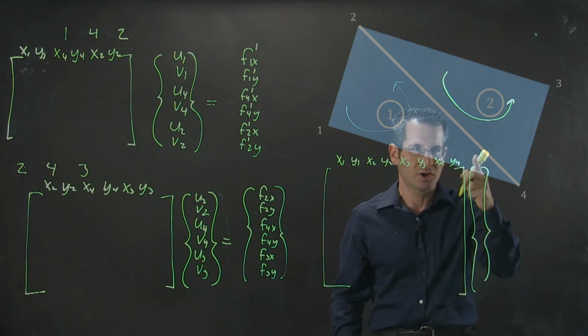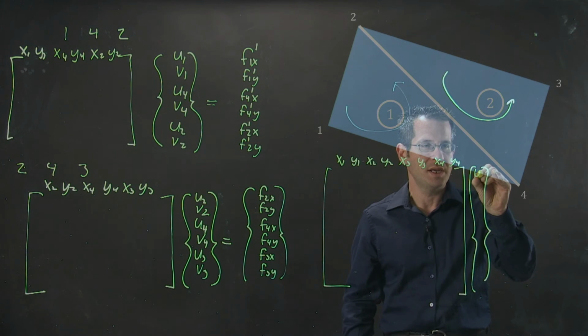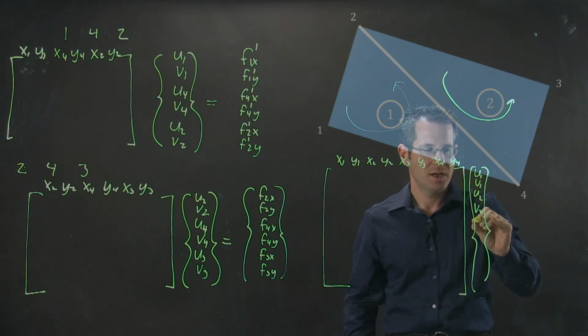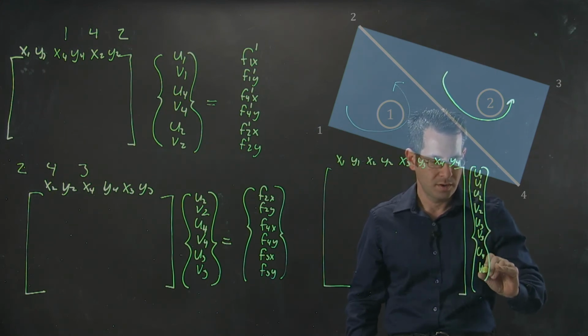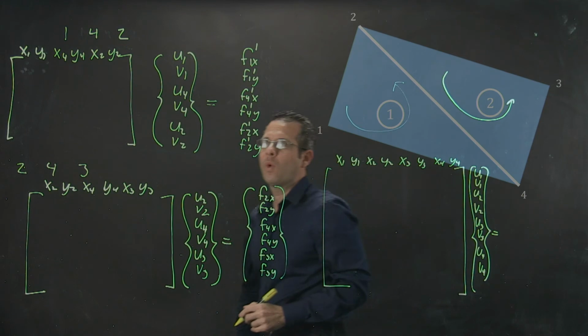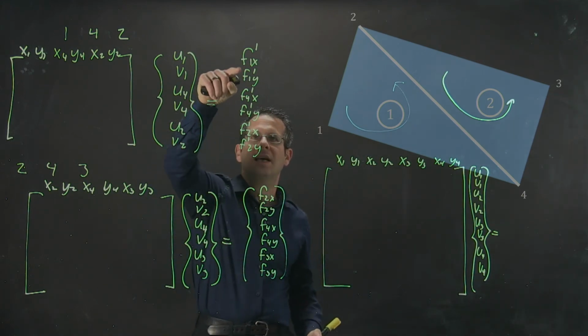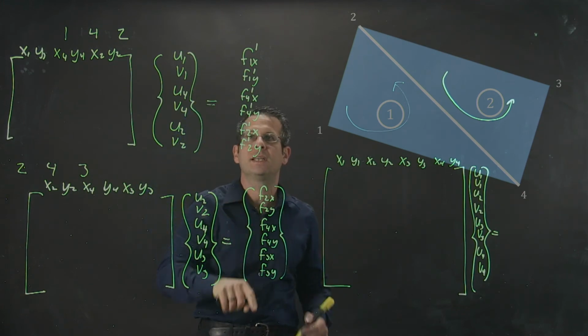My global displacement vector will, of course, be u1, v1, u2, v2, u3, v3, u4, v4. To form my global force vector, I need to sum up the corresponding components of the forces here and the forces here.